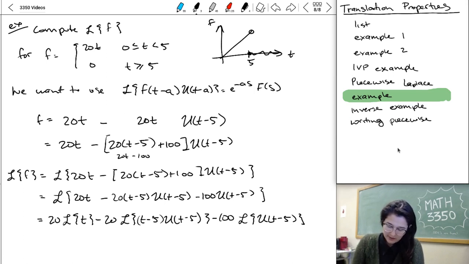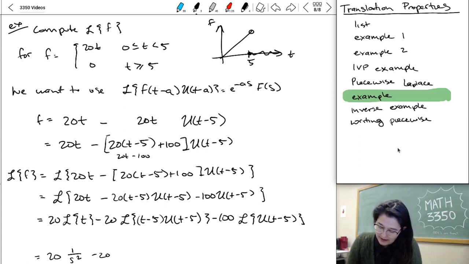So, I'm going to go ahead and write my easiest one first. L of t, I know I've done it a lot of times by now. It's 1 factorial, or 1, over s squared. So if I do nothing else, at least I did that one right. For these two in the middle, I'm going to have to use our new property.